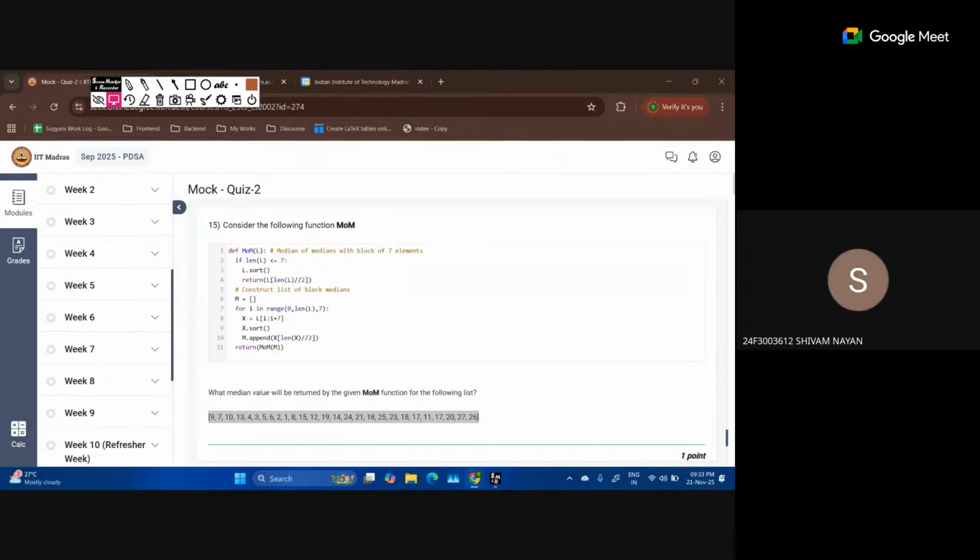Tell me the solution. First, in the if condition, the code is checks whether the length of the list is less than or equal to 7, which we can observe it is not. So we check the for loop.